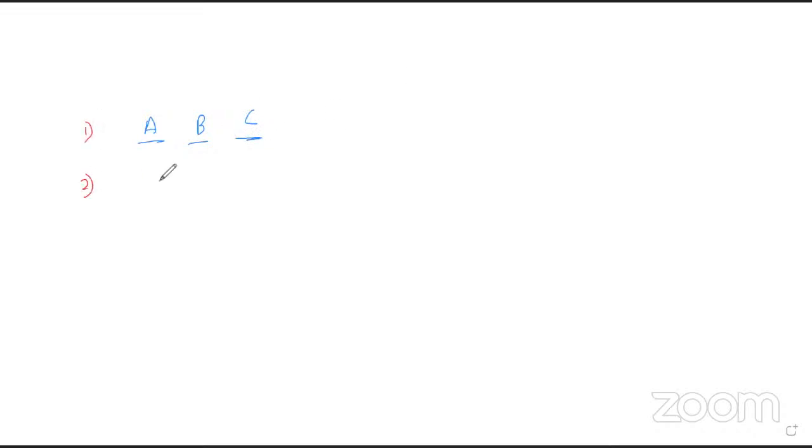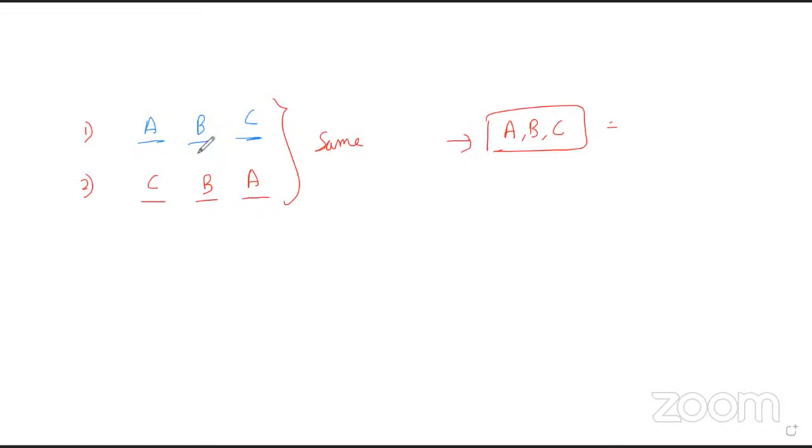Or suppose C finishes first, B second, and A third. These two are the same, because at the end the students getting the award are A, B, and C only. There is no separate award for first, second, and third place. So order doesn't matter over here.